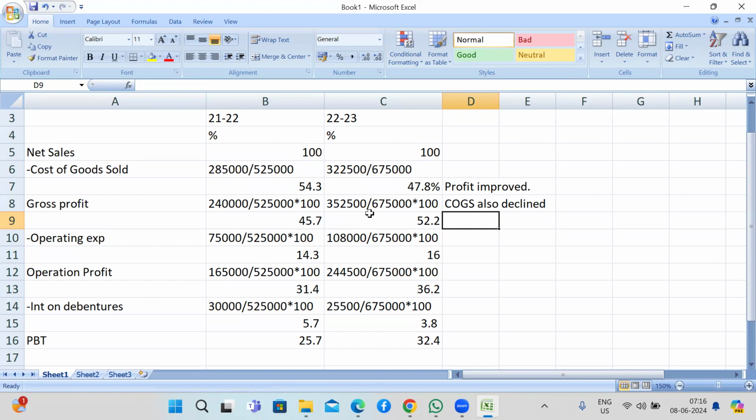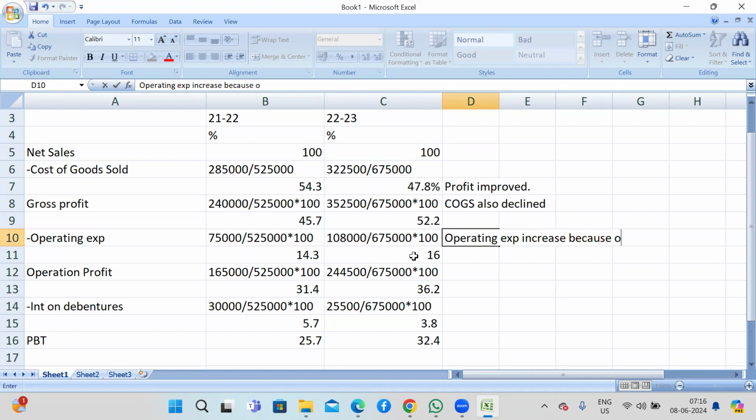Even cost of goods sold also declined around 6 to 7 percentage. But operating expenses increased. Because of this, operating profit has not increased much.